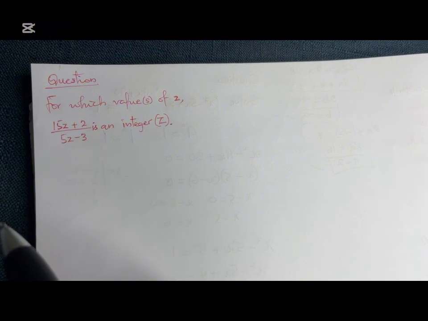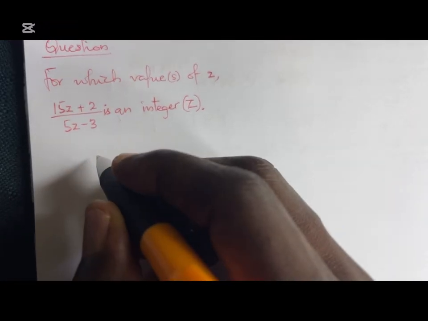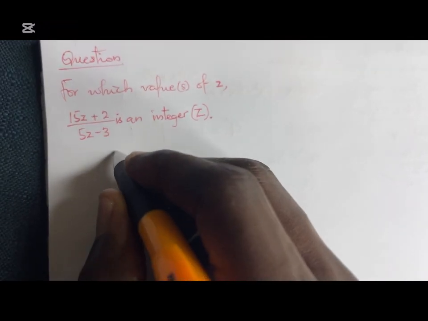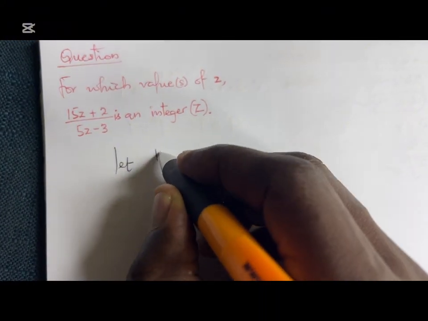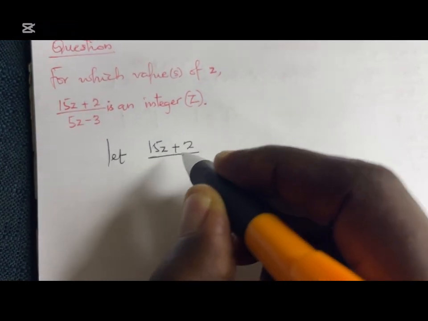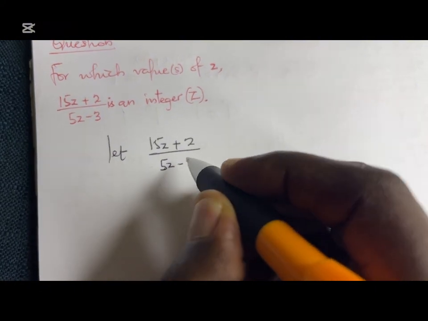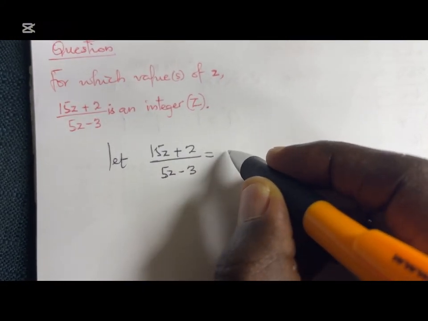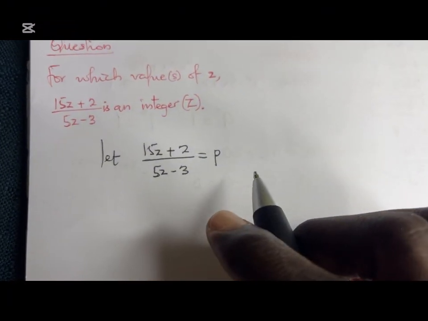Good. So, first of all, we introduce a variable p. Let (15z + 2)/(5z - 3) equal a particular number p.